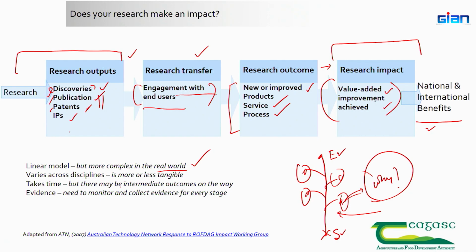It varies according to discipline, some are tangible, some are non-tangible. When you mention qualitative and quantitative, historical research to understand how people decided, how a country emerged, that is qualitative, or non-tangible. In some places you have tangible outcomes, which take time, but there may be intermediate outcomes on the way.